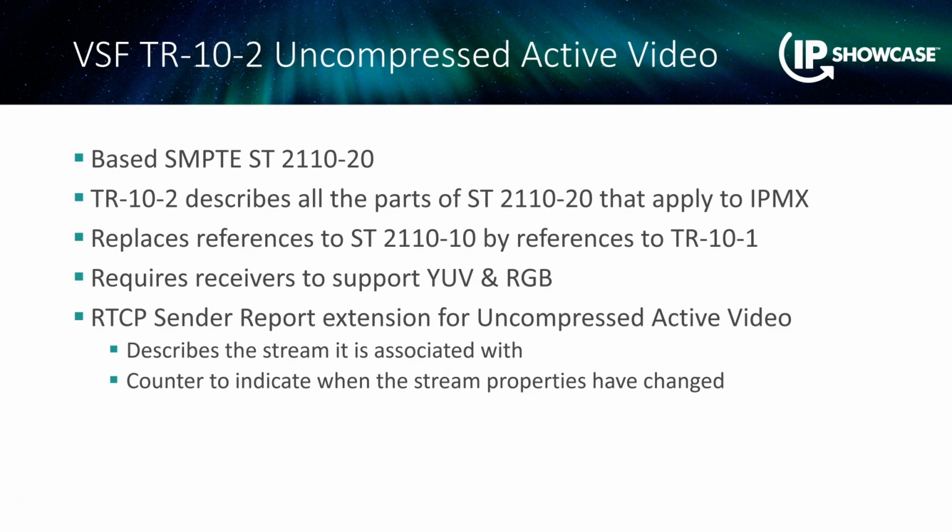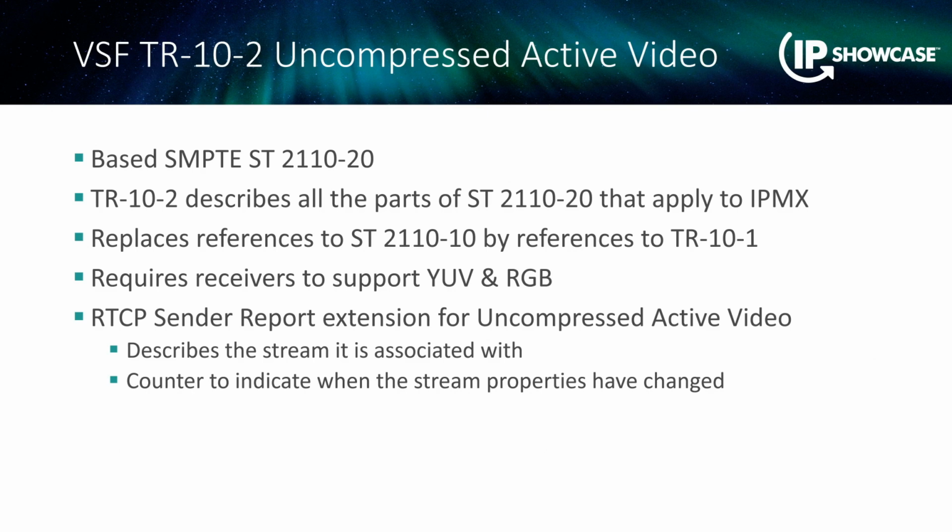So if we look now at the other parts, we have TR-10-2 that roughly corresponds to ST 2110-20. This is the spec that explains how to packetize uncompressed video in the RTP stream. TR-10-2 basically reads as: every part of 2110-20 that applies to IPMX is listed.